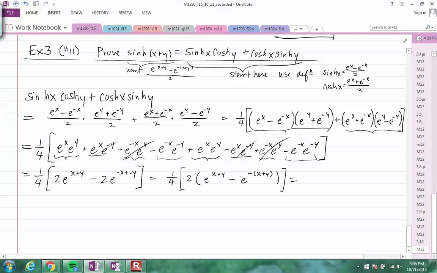So package this up the way the definition looks, maybe e to the x plus y minus e to the negative of x plus y, and realize that's just sinh of x plus y, which is what we wanted. Done. Alright, that's it for 3.11.